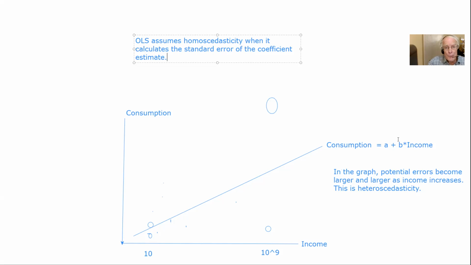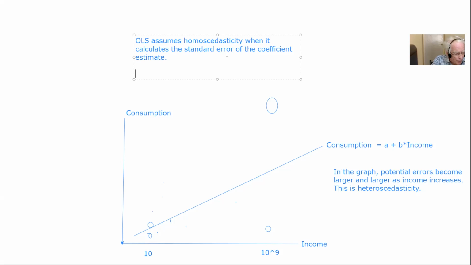However, when we take samples of households, the value of B may vary from one sample to another. The standard error of that estimate reflects those differences, that dispersion in the sample coefficient estimates.